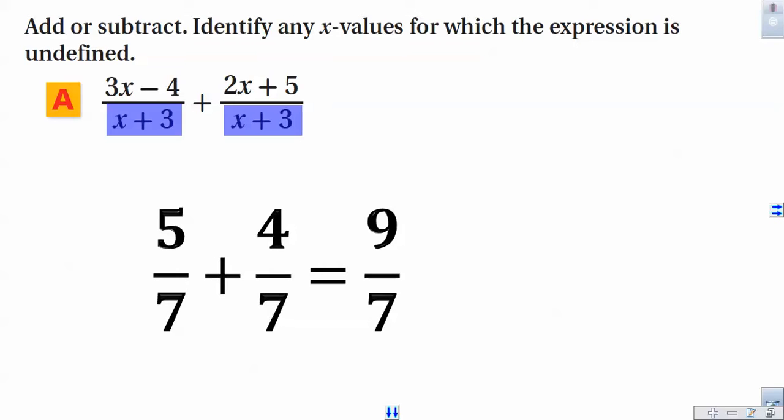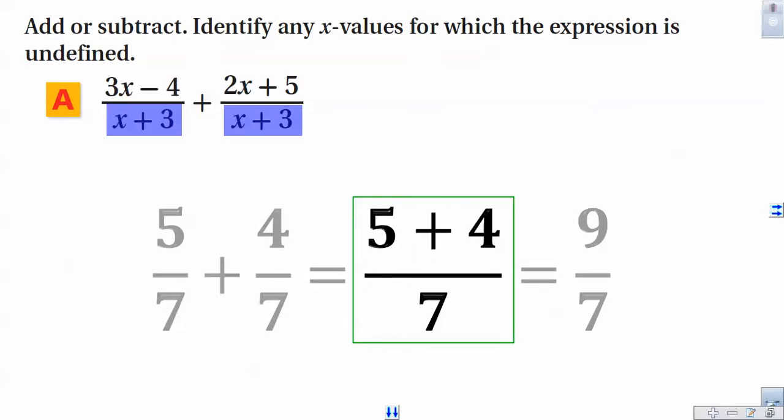One little tip for understanding how to add rational expressions is a little middle step, going from the left side of the equation to the right side, working behind the scenes. Let's write it as 5 plus 4 over 7 as one fraction, and then go the extra step and write our 9/7.